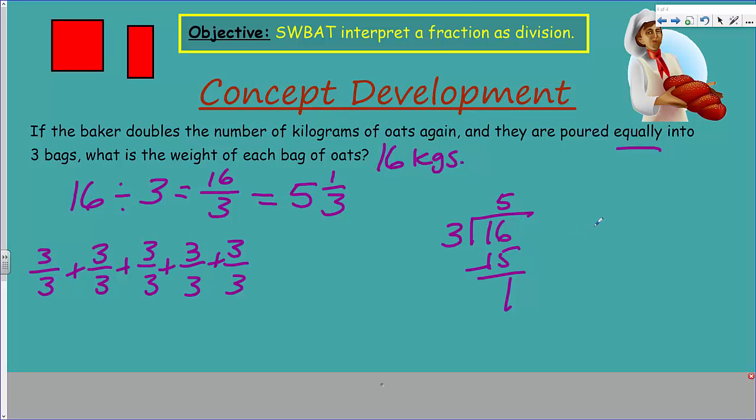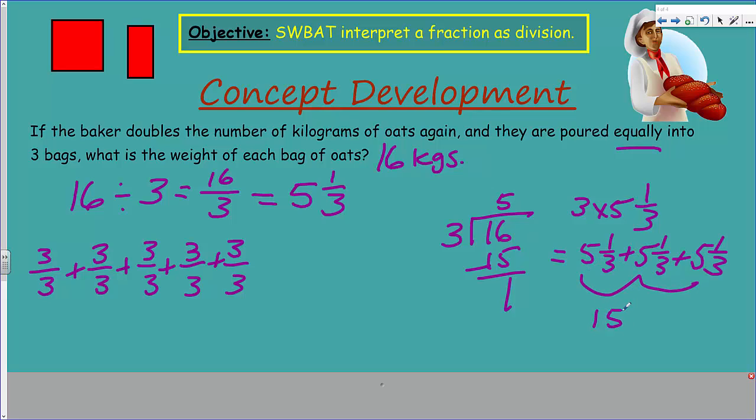Now, you can see we could also check this. So let's check it. 3 times 5 1/3. So this is basically just saying 5 1/3 plus 5 1/3 plus 5 1/3. 3 times. So there we go. And now you can see right here we have 5, 10, 15. And then here we have 1/3, 1/3, and 1/3.